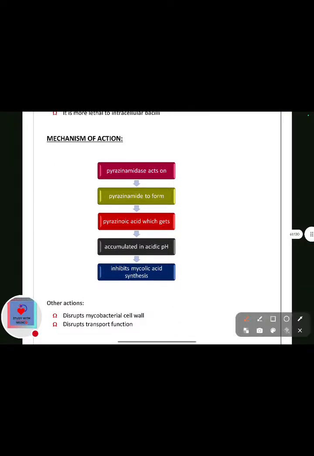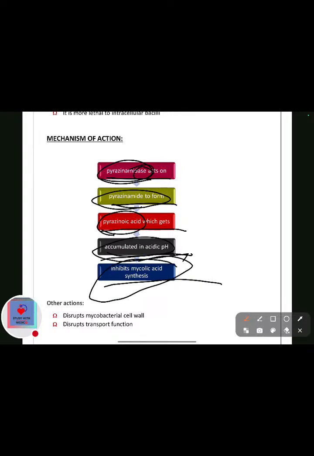Pyrazinamide mechanism of action: there is an enzyme called pyrazinamidase. This enzyme acts on pyrazinamide to form pyrazinoic acid, which gets accumulated in acidic pH and inhibits mycolic acid synthesis.